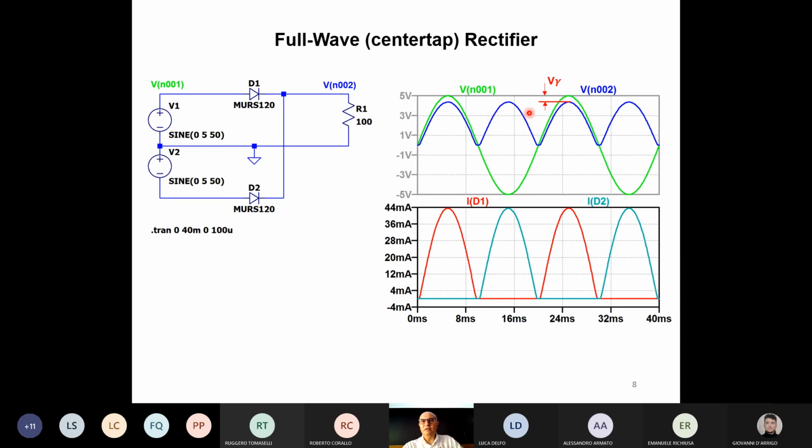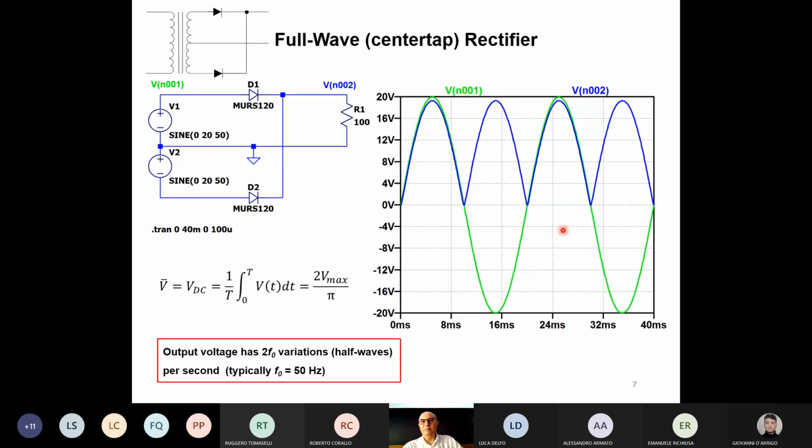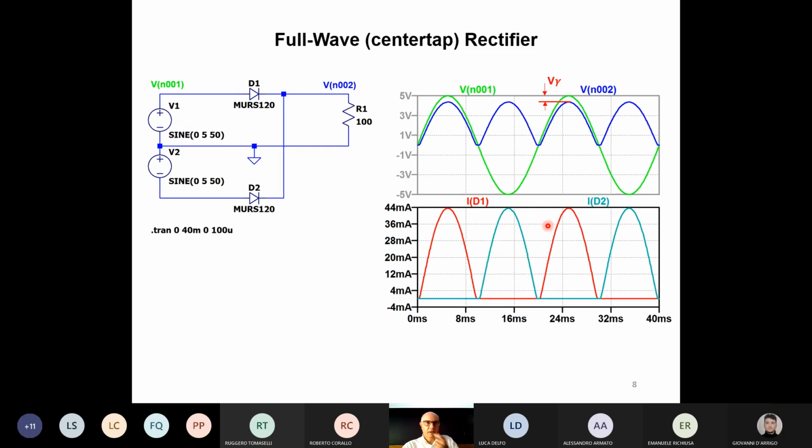During the second half cycle, we have the current through diode D2. The current flowing through R1 is the sum of those two currents, so it follows the two peaks together, up and down. We saw it before. No, okay, we didn't see it before, but you can imagine that the current flowing through the resistance has the same shape as the voltage, just because the current in a resistor is the voltage divided by the resistance itself. Okay.